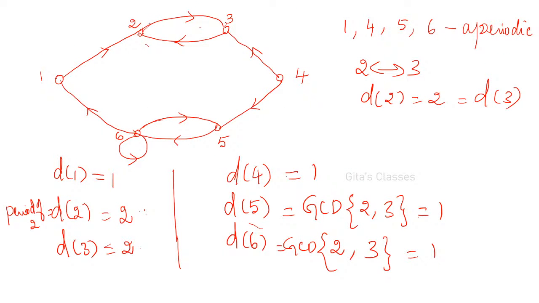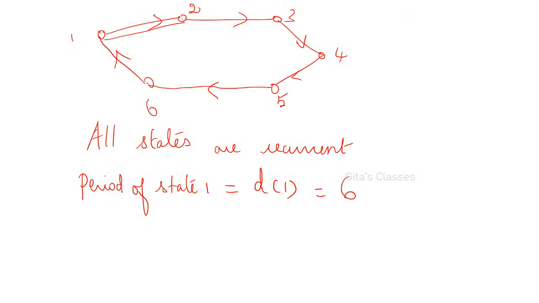From 2 to 3 and 3 to 2 is 2 steps, so it is 2. For the period of 1, the number of steps to come back is 6, so 6 is correct. If there are 2 ways, then only go for GCD. Here there is only one possible way.